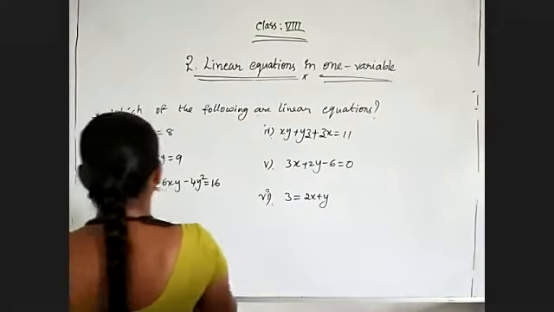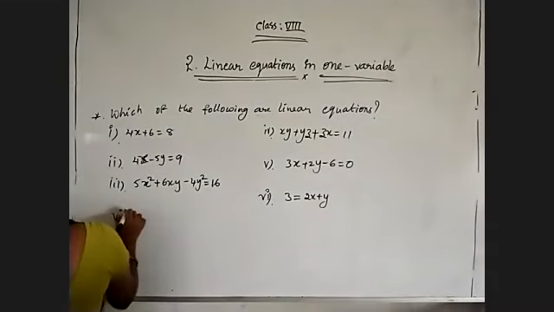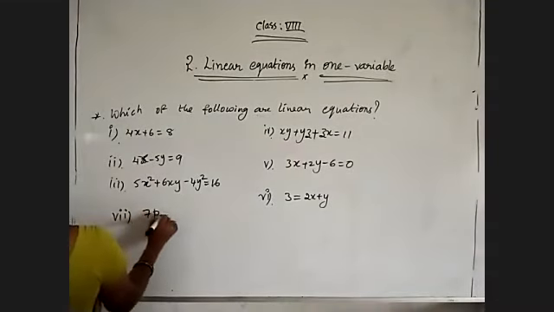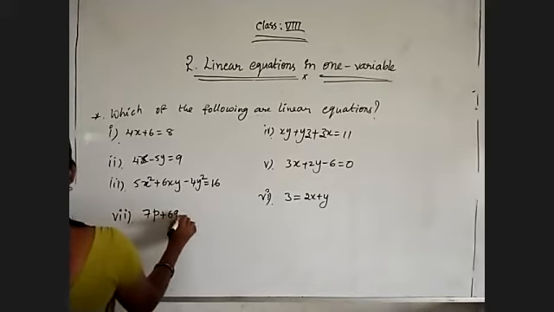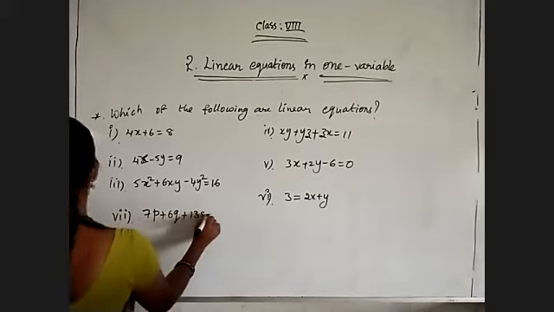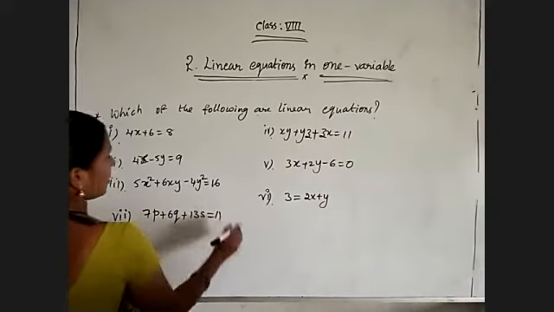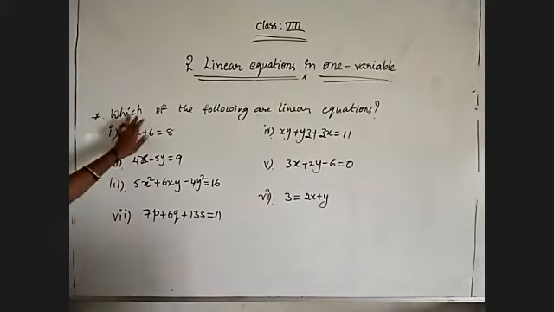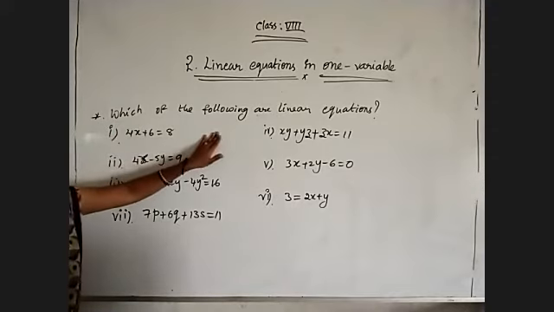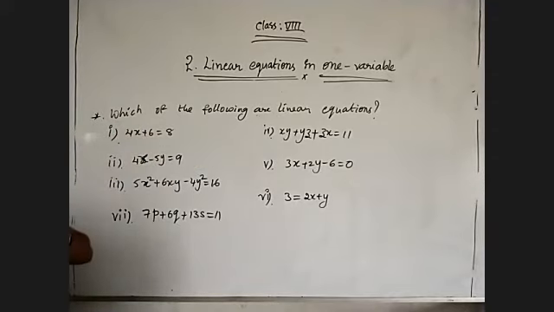And one more problem, the seventh problem, is 7p plus 6q plus 13r is equal to 11. Okay, now what is the question? Which of the following are linear equations? So with these examples, I'll explain very clearly.